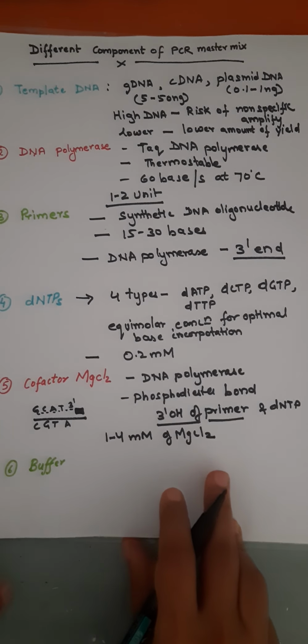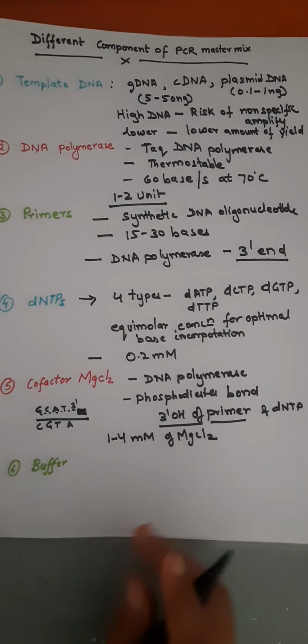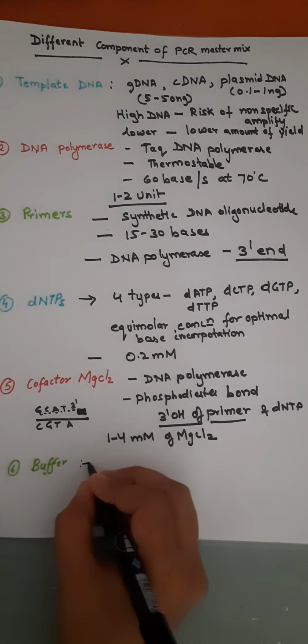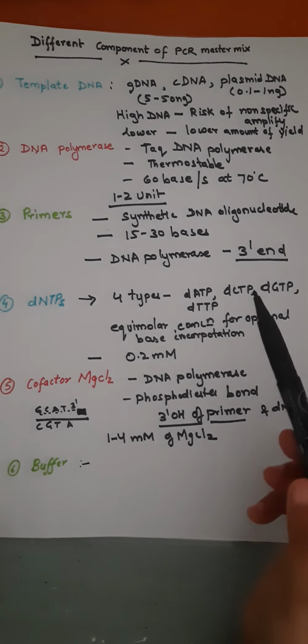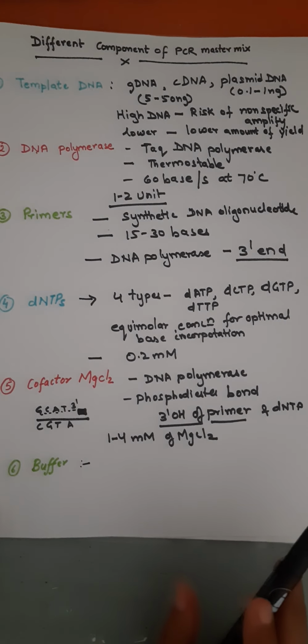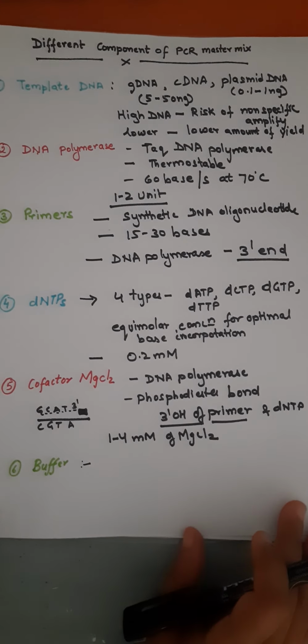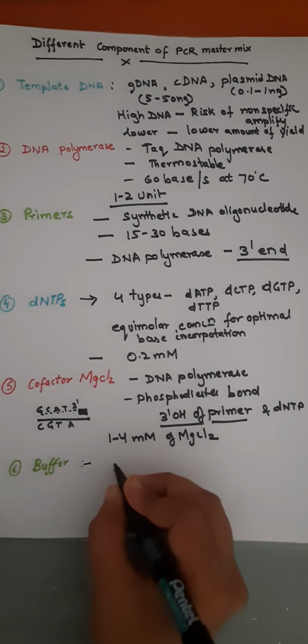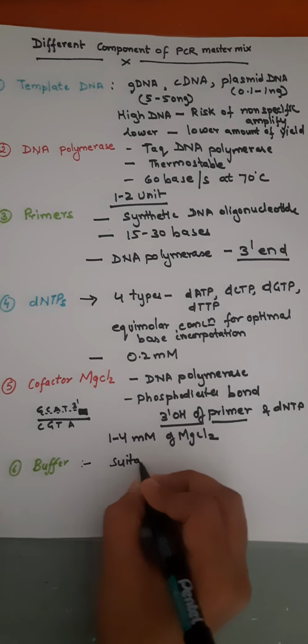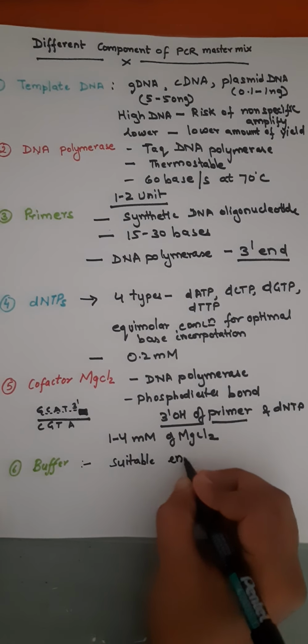And at the last, the buffer. A buffer is a solution which resists pH change. This is all a chemical process, so we want everything to be stable with no fluctuation. The buffer plays a role for that, and it provides a suitable chemical environment for the reaction to occur.